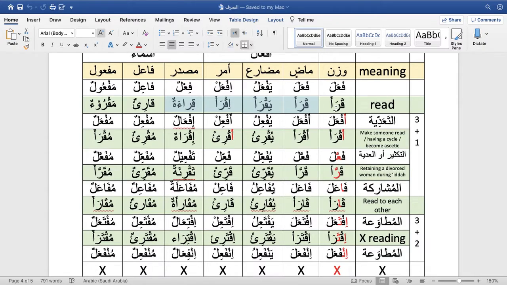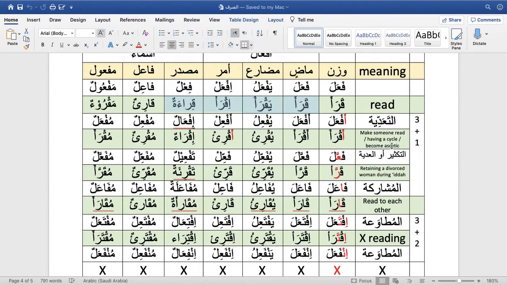Now you are applying this action, or you're making somebody else do this action. Aqra'a means to make somebody else read. Or it can also mean for the woman to have her cycle. Aqra'at, the woman has her cycle. Or also al-qara'a, it has a third meaning: asceticism.